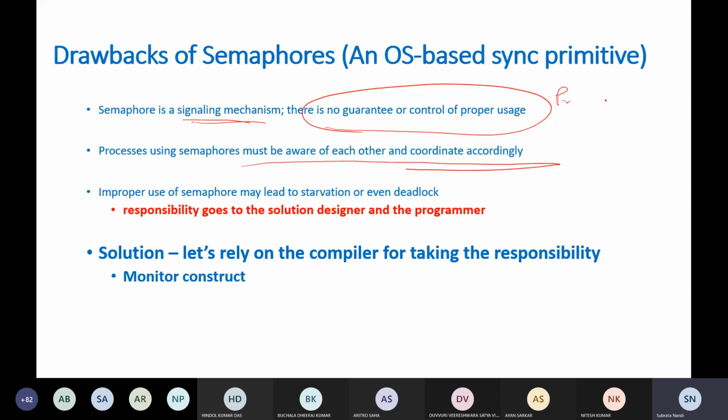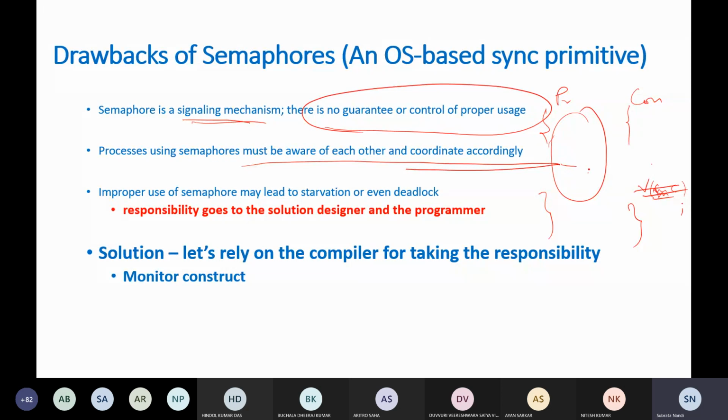Now, if I am writing the producer code and you are writing the consumer code, so I am the user one, I wrote it perfectly okay, but in the consumer code you made some bug. So instead of V of, say, mutex C, you forgot to place it in the proper place. So that might create problems for me also.